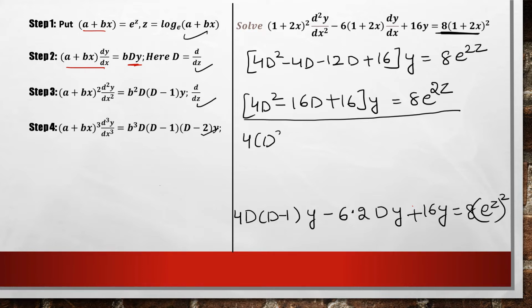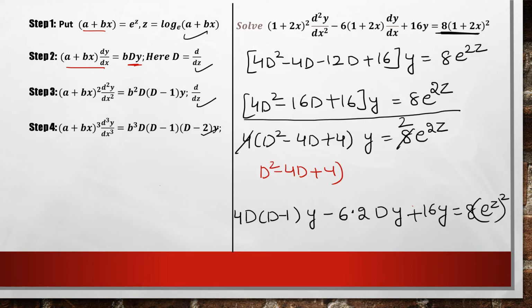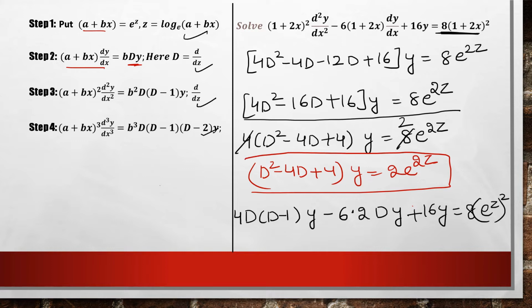So this will be (D square minus 4D plus 4) y equal to 8 e power 2z. Now this 4 will cancel, and here you will get 2. So the updated equation is (D square minus 4D plus 4) y equals 2 e power 2z.